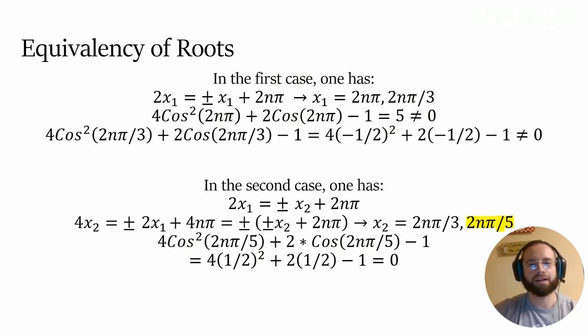So then we have 4 cosine squared 2n pi over 5 plus 2 times cosine 2n pi over 5 minus 1. Right? And actually, even though it's not on the unit circle, if we plug this in using a scientific calculator, we do have a value of 0. So our solution is x2 is 2n pi over 5.